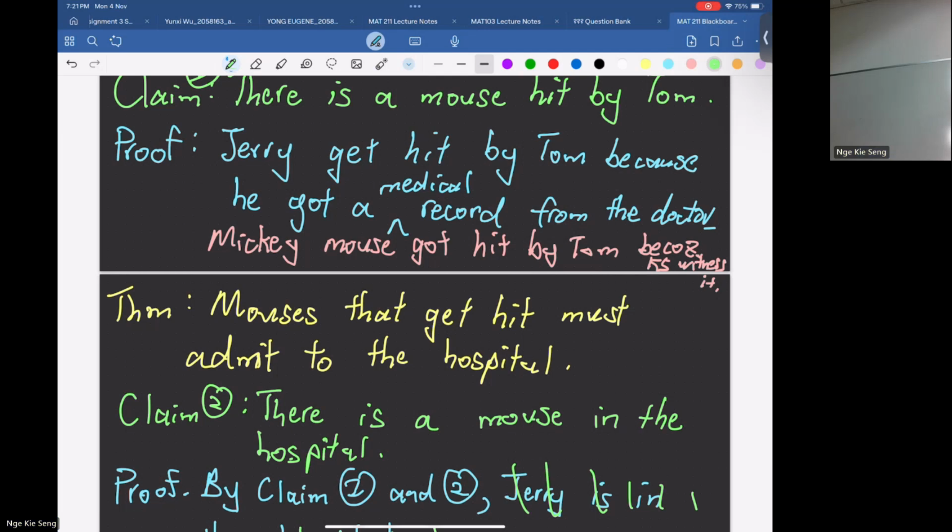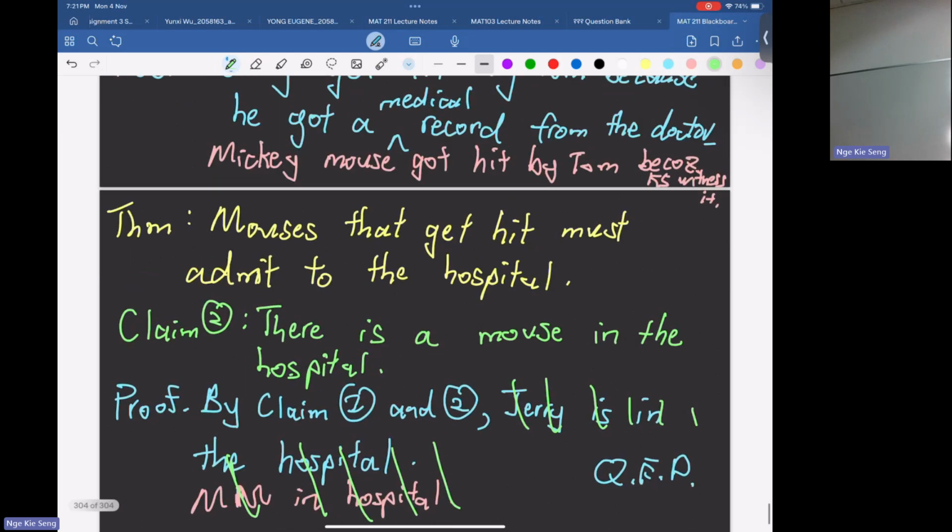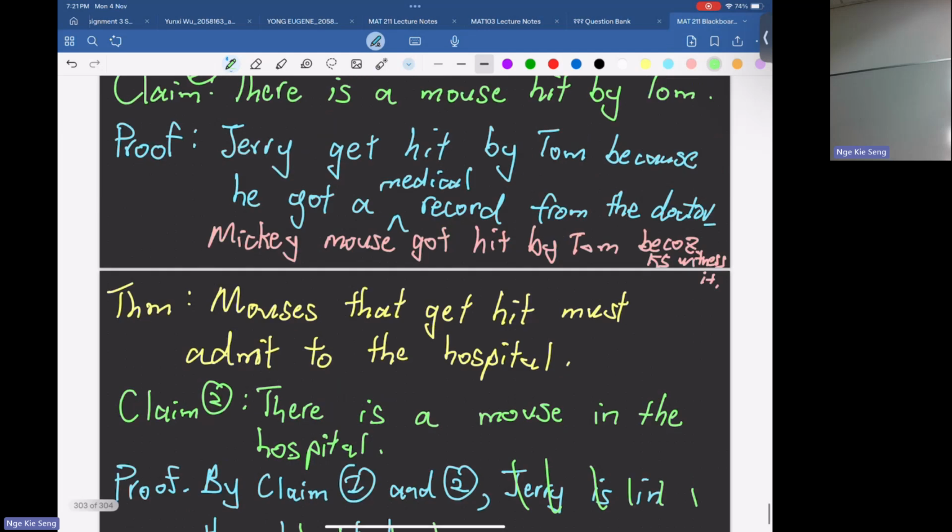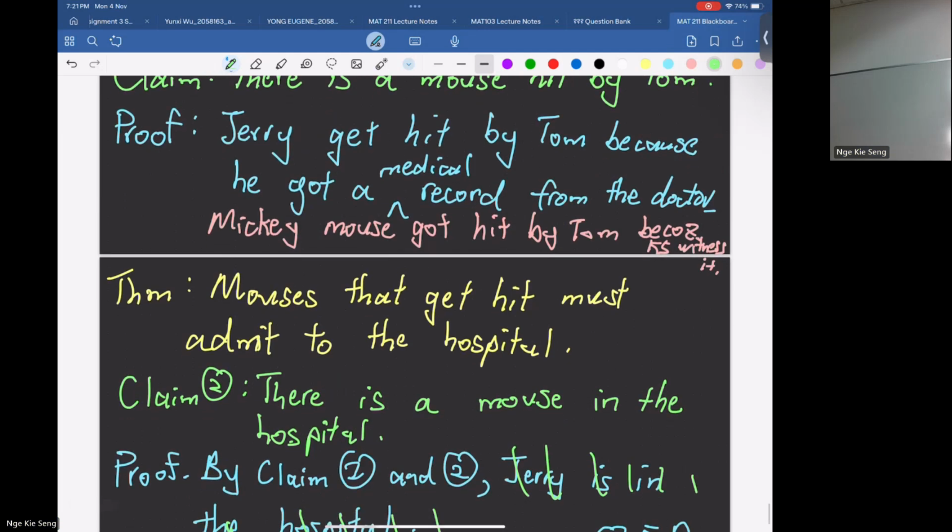Matter or not? 那位同学，浩瑞。Does it matter？如果不知道那个被打的老鼠的身份，这句话还成立吗？为什么成立？Why valid?